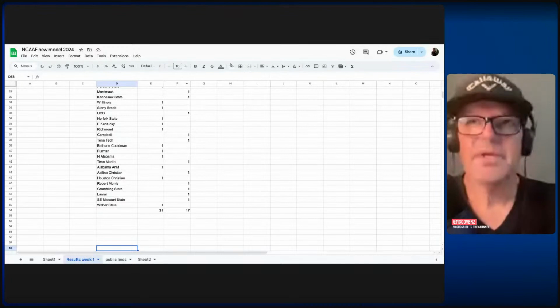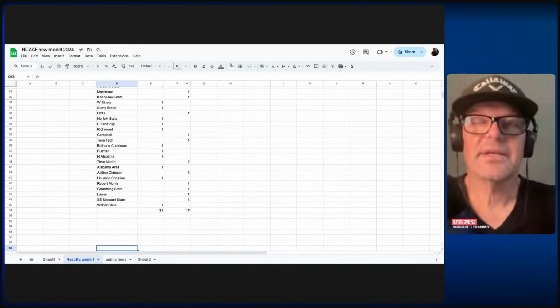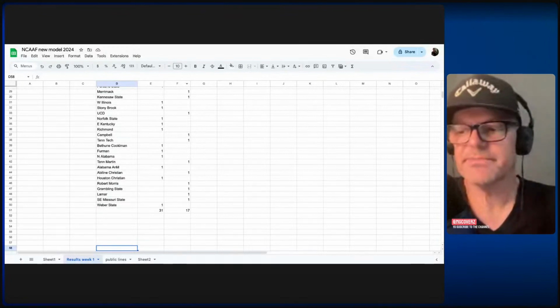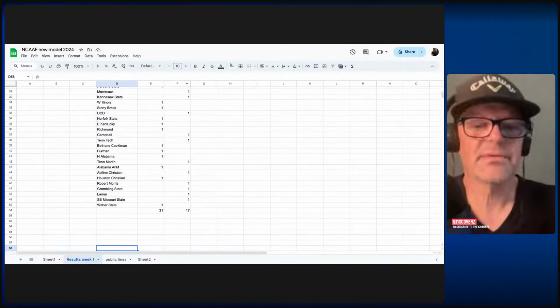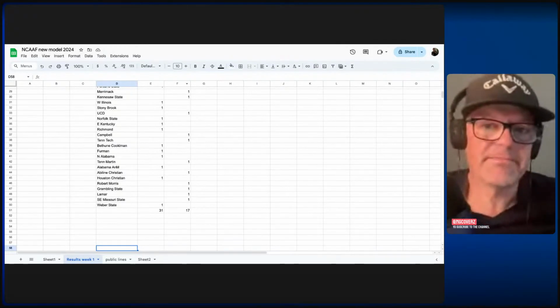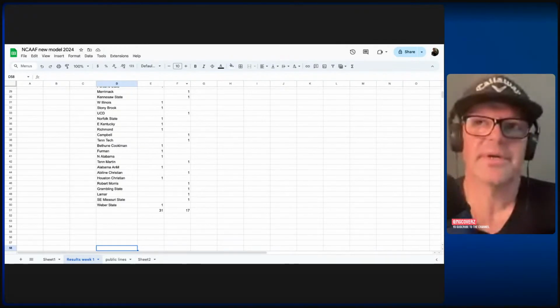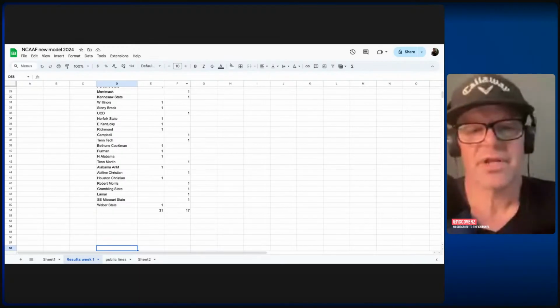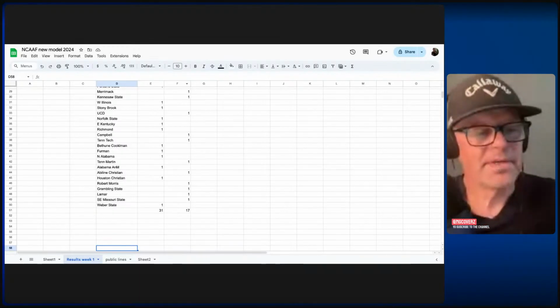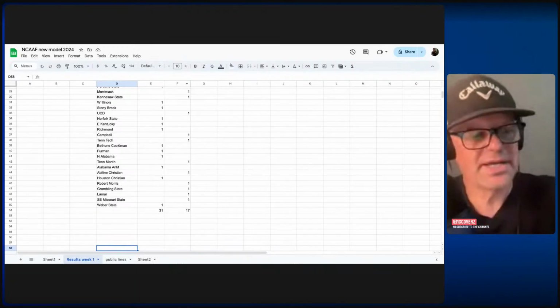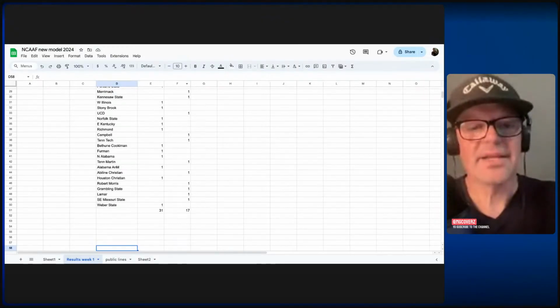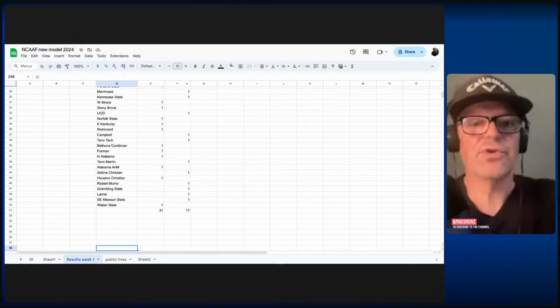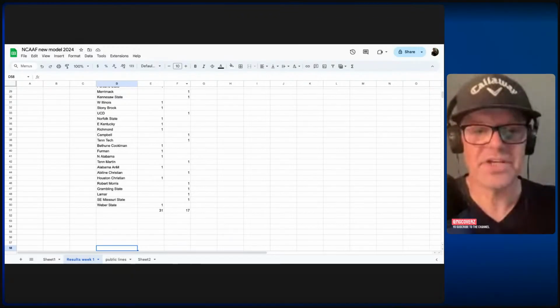So again, the paradigm shift that I've had in my philosophy in building models is that creating a line is not as important as you would think with regards to building models. And if you'd have talked to me probably 2 years ago, I would have said that's the only way to create a model. Meaning if the book's line is -5, and I said this before, how do you know that line -5 is a good line if you don't create a line yourself via your model.